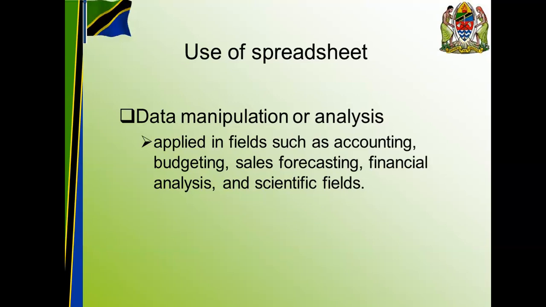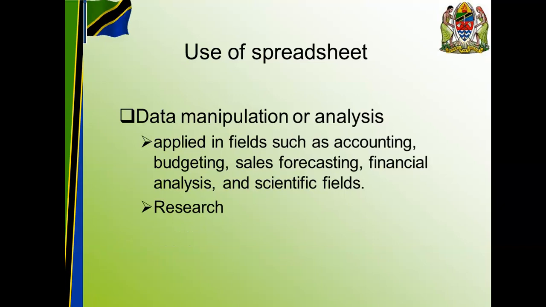Also it is applied in fields such as accounting, because spreadsheet contains formulas and functions. So spreadsheet can be used in accounting, in budgeting, sales, forecasting, financial analysis, and scientific field, because spreadsheet has formulas.